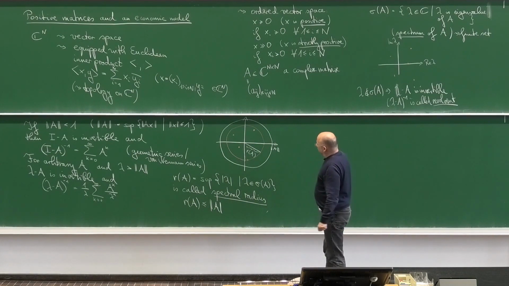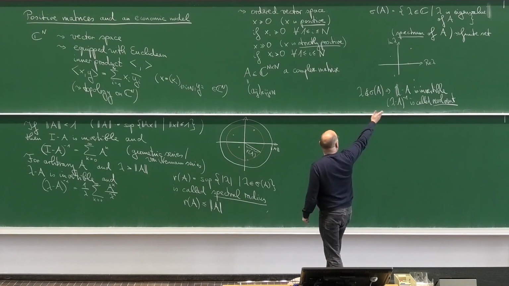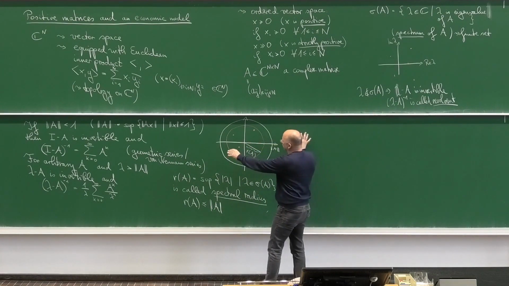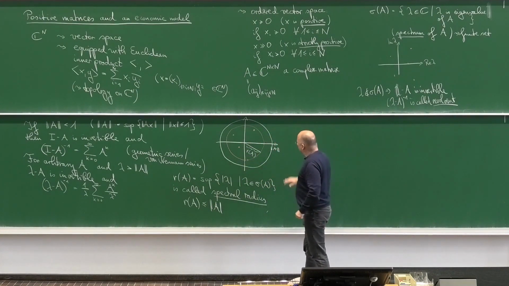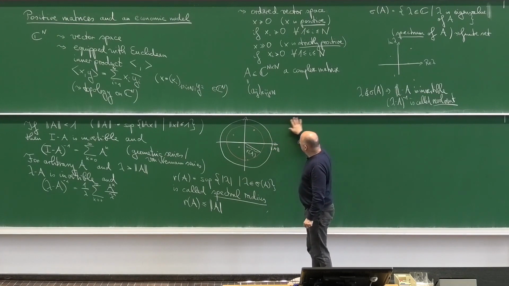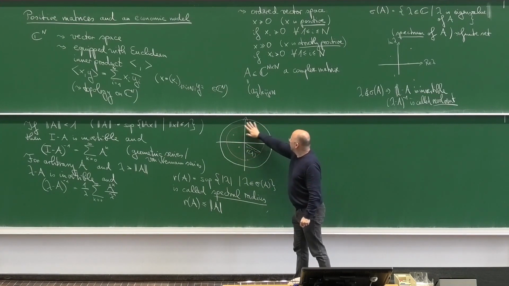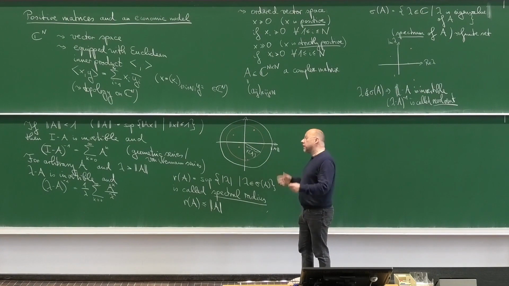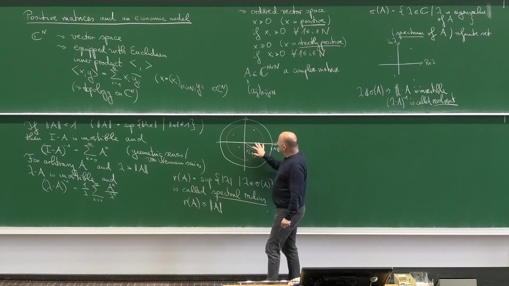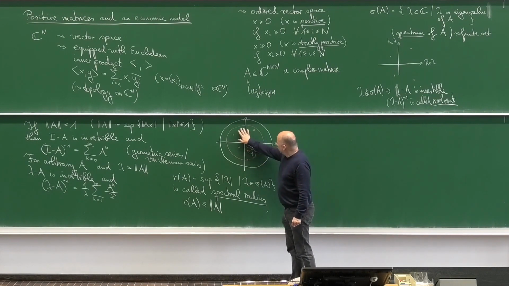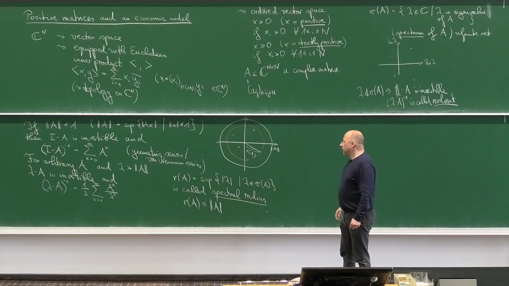So we have a resolvent function outside the spectrum. It certainly exists outside this disk, the greater disk or the smaller disk. They may coincide.